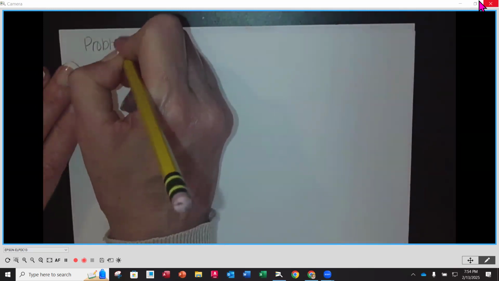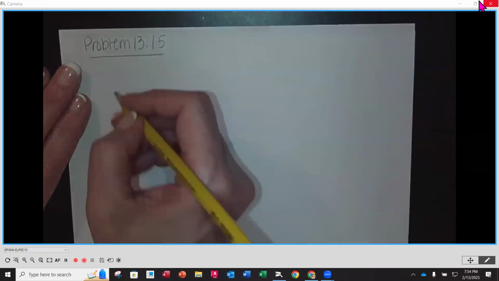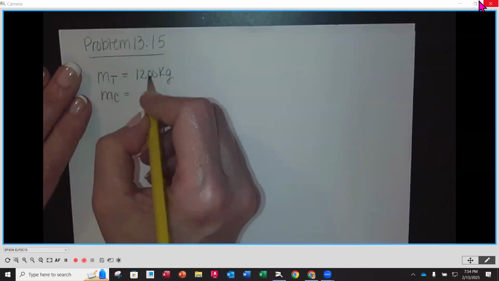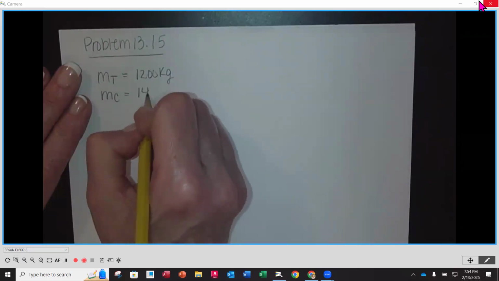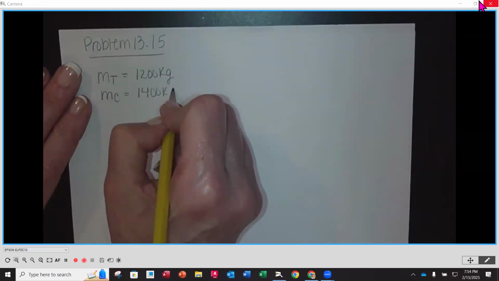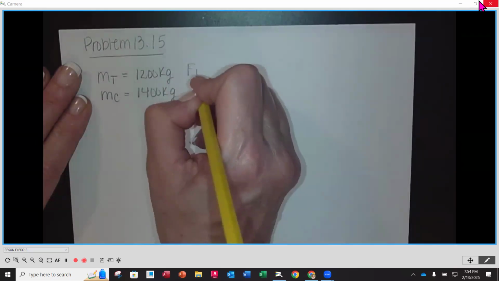This is problem 1315. Mass of the trailer, 1,200 kilograms. Mass of the car, 1,400 kilograms.